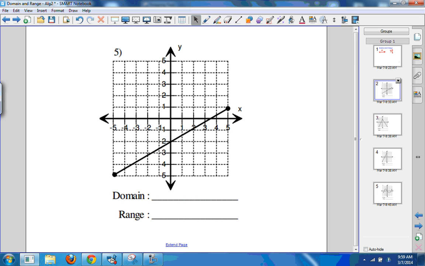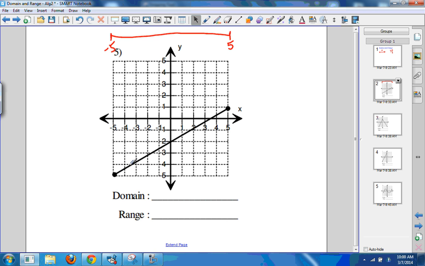Here we have a graph. See, it starts down here at this point, and it's moving up, and it ends right there. So the domain is all the possible X values. So it's going from -5 to +5.